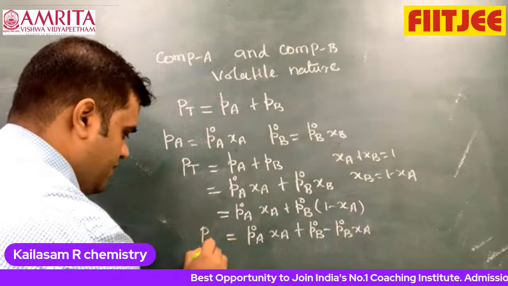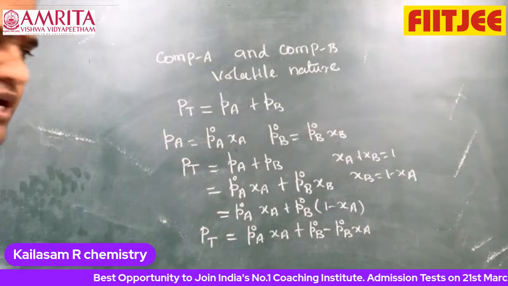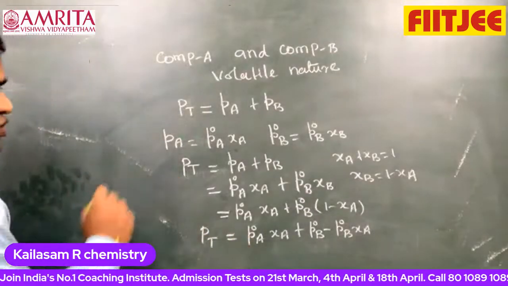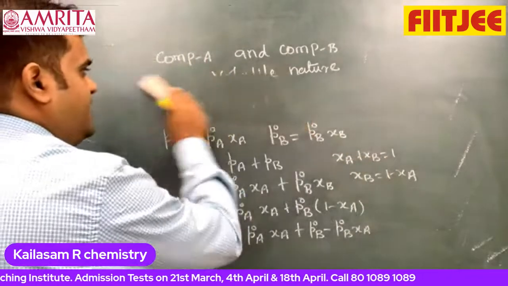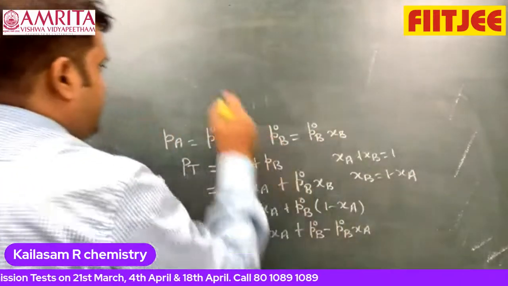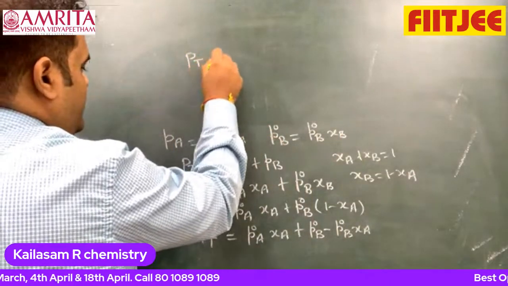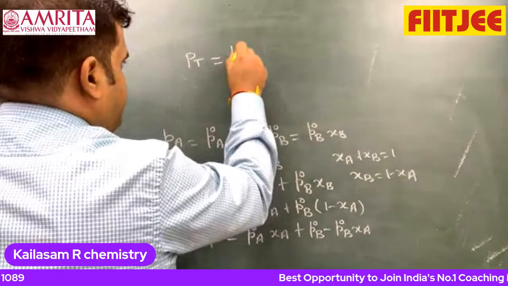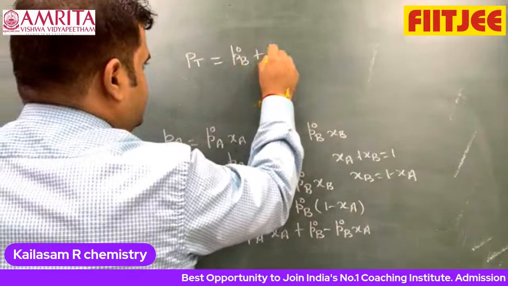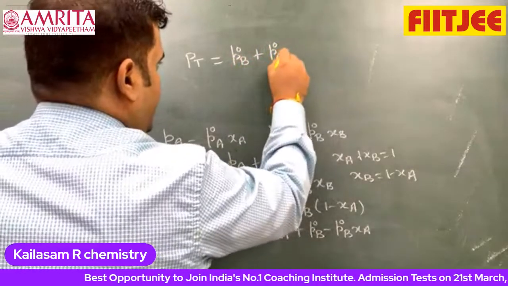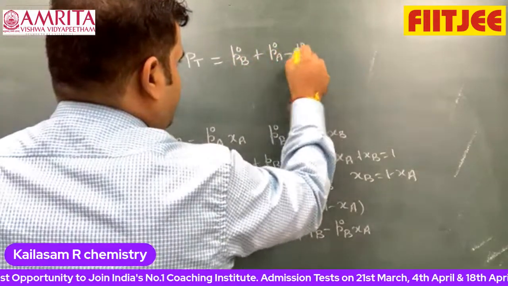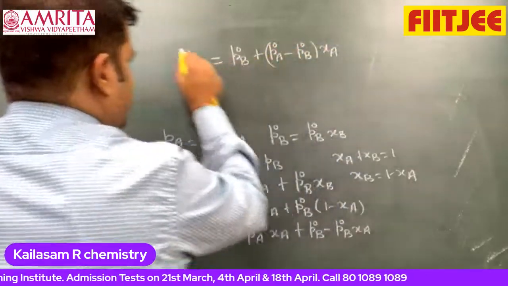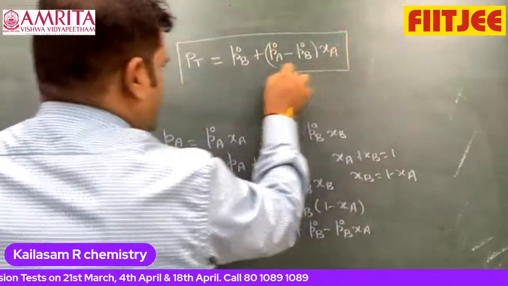So PT is equal to P naught B plus P naught A minus P naught B into XA. This is what you are going to get.